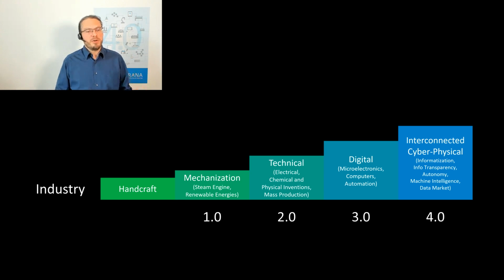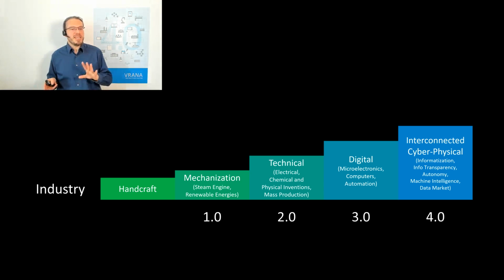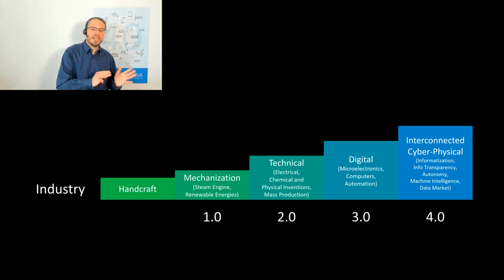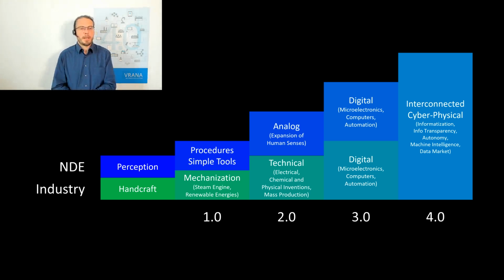Now, you might have noticed up to the moment I didn't speak about NDE at all, and this will really come in next week's video. But I want to show you a very short forecast. This is why I think NDE and industry, both of them, belong together, especially during this fourth revolution.